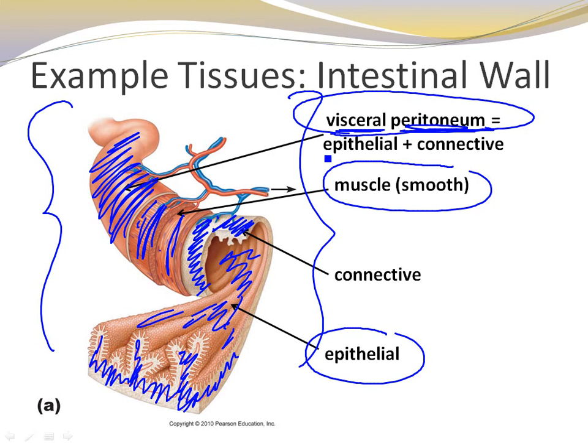It's actually composed of a very thin epithelial tissue layer connected to a very, very super thin connective tissue layer. Okay? So as you can see, in an organ like the small intestine, you have examples of these different tissue types woven together to build a functioning intestinal wall.